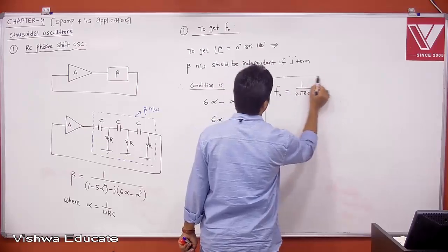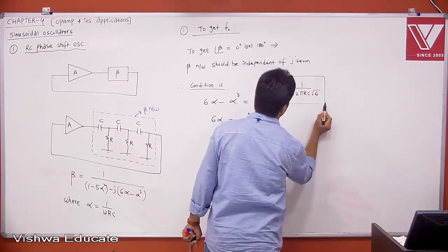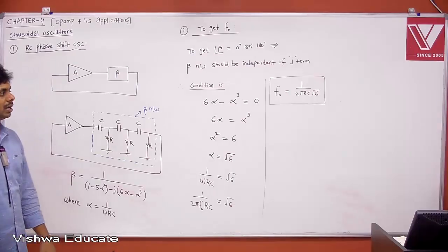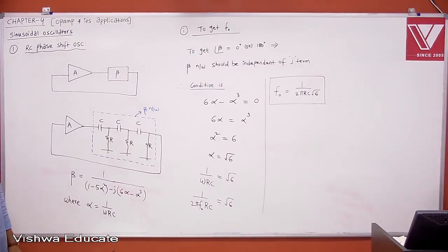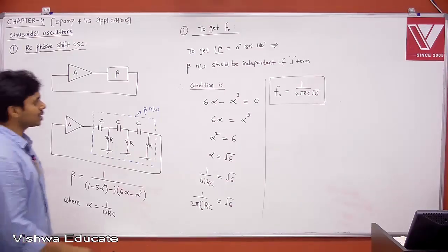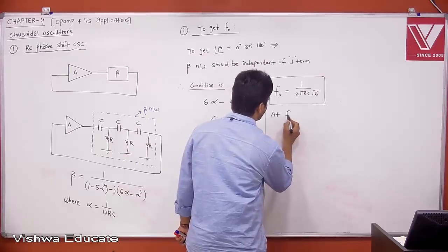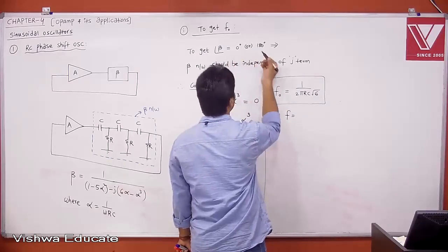This is your resonant frequency for the RC phase shift oscillator, provided other things are also satisfied. Let's see to make the other things satisfied and then say that this is f naught, the resonant frequency. Tell me, at f is equal to f naught, definitely it will be either 0 degrees or 180 degrees.